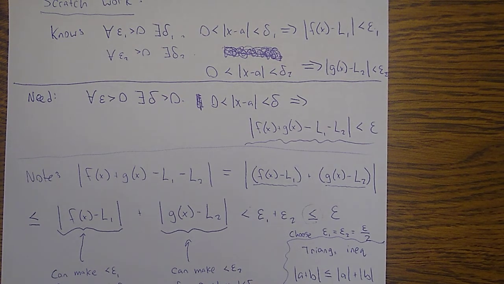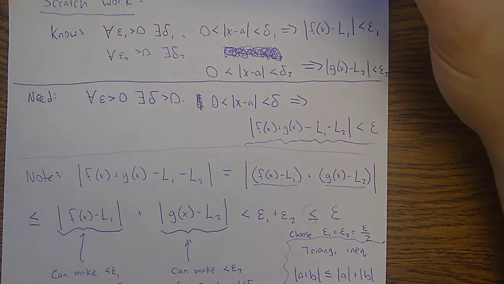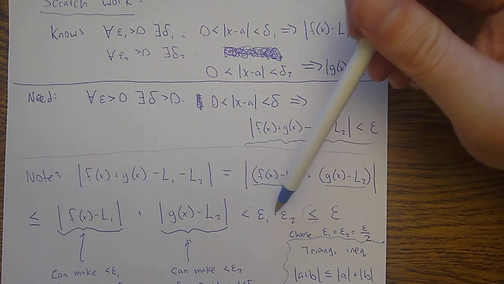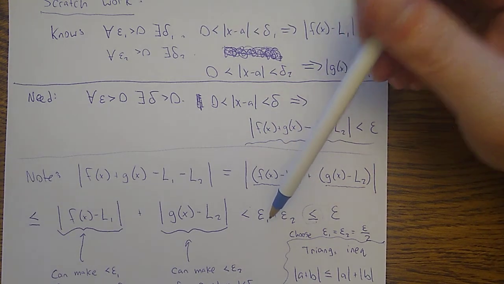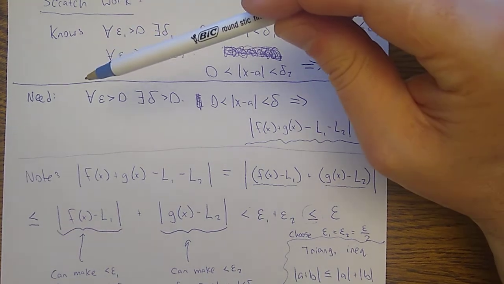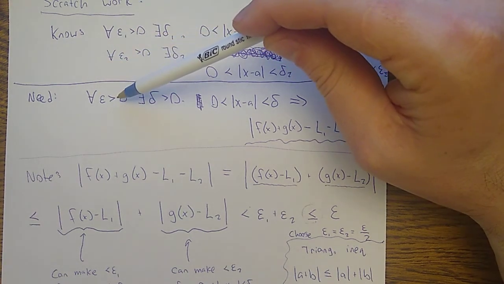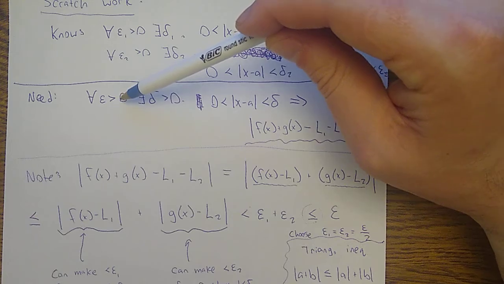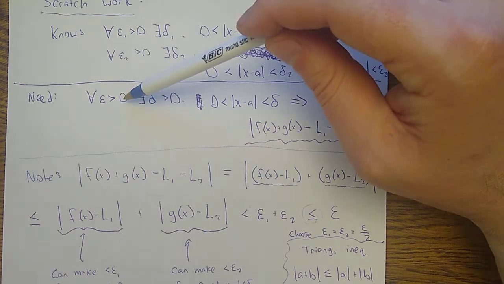Okay, so how do we turn this scratch work into a formal proof? Let me start over. All of these limit proofs start with the same line: let epsilon be greater than 0.